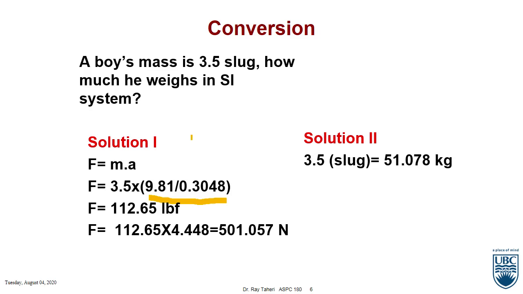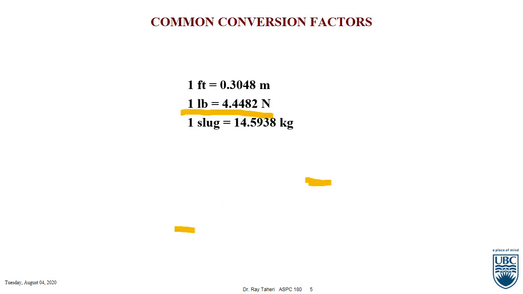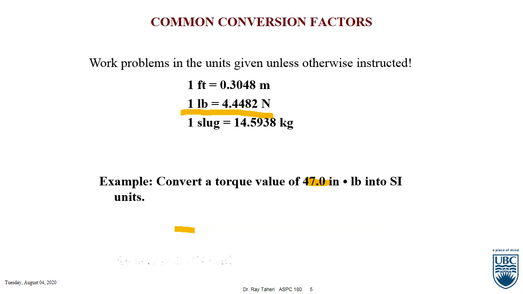The other way, which is a kind of shortcut, is we do a simple conversion. We know that a slug was about 14 kilogram. So you do 35 slugs multiplied by the value. You can go back, right here. So one slug is 14.5938.